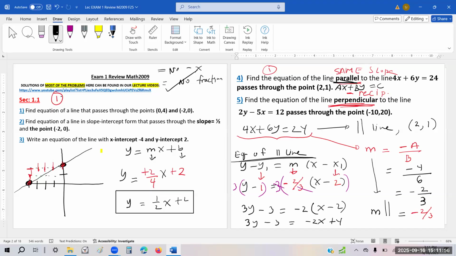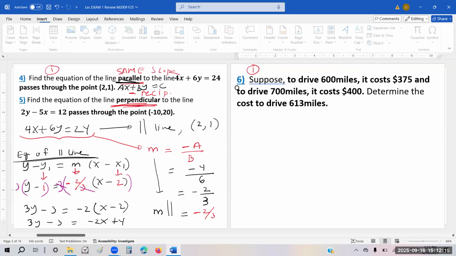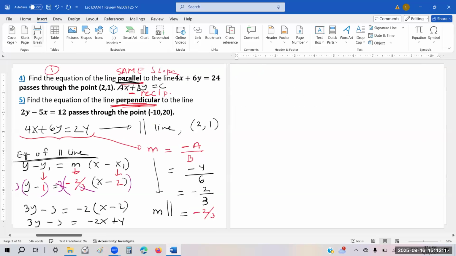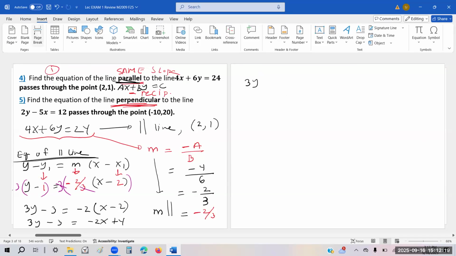And now we see the first problem. Our x is negative. So if you don't want x to be negative, what do you want? How can you solve this problem? Add the 2x to both sides. The negative will become positive. So let me get a page. We have 3y minus 3 equals negative 2x plus 4.